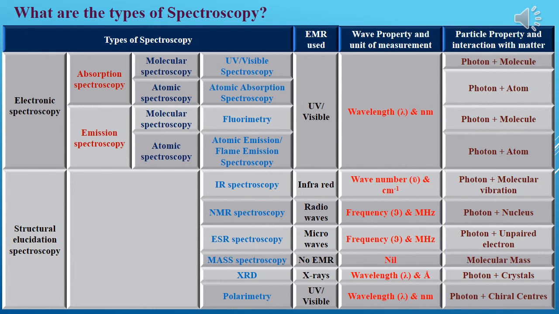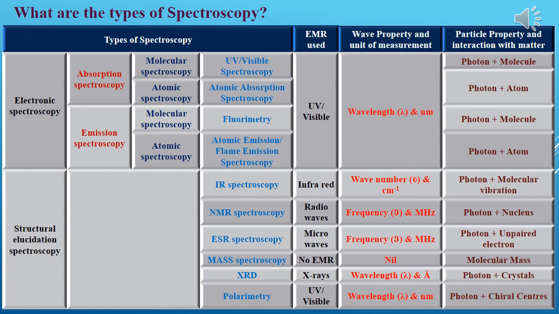The next column represents particle property and interaction with matter. In UV visible spectroscopy, photon interacts with molecules, whereas in atomic absorption, photon interacts with atoms. In fluorimetry, photon plus molecule; AES and FES, photon plus atom. IR, photon plus molecular vibration.